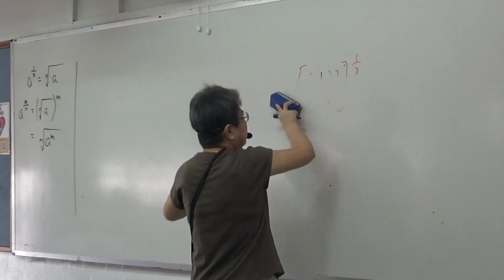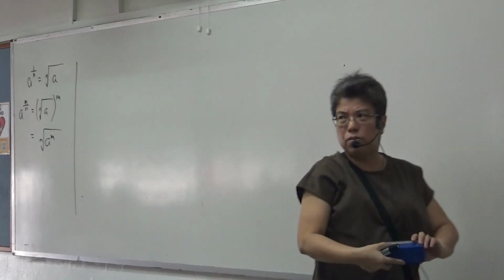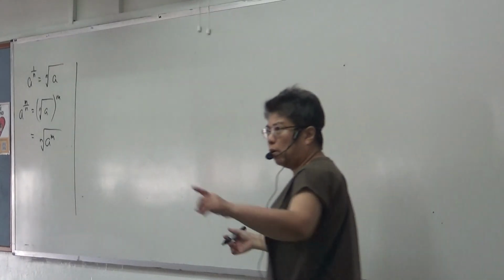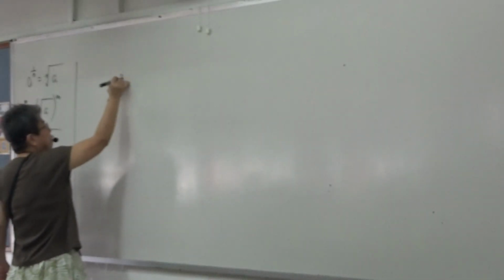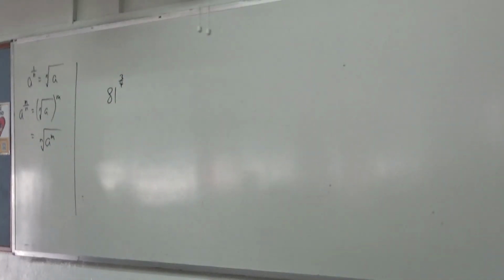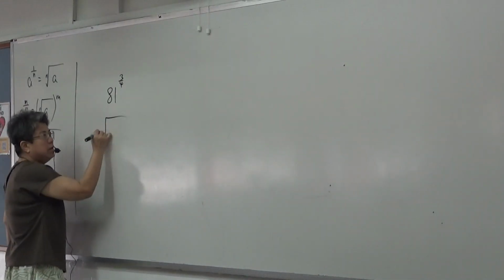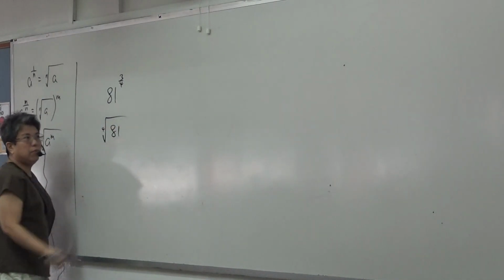Okay. I want all of you to look up. This one is important. And stop talking over there. Now, 81 power 3/4. Looks terrible, right? But actually not. How do I write this? This is the 4th root of 81, right?